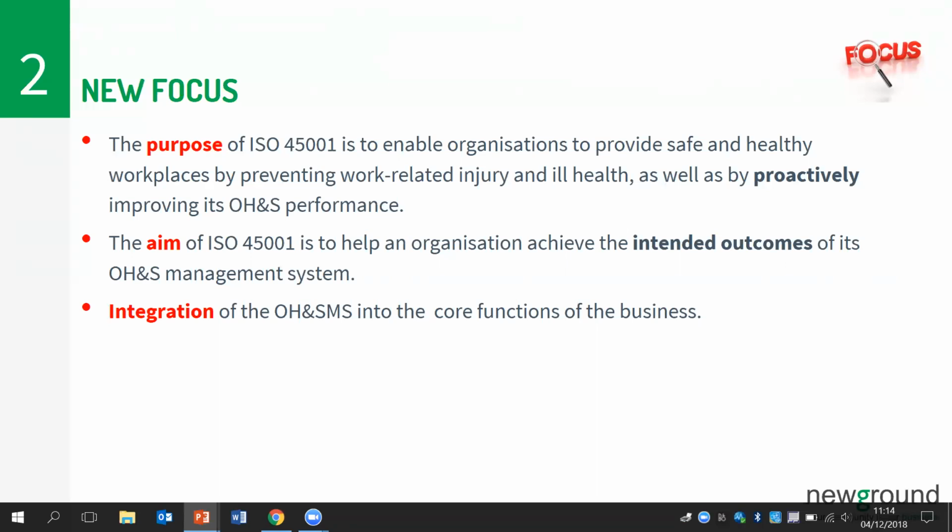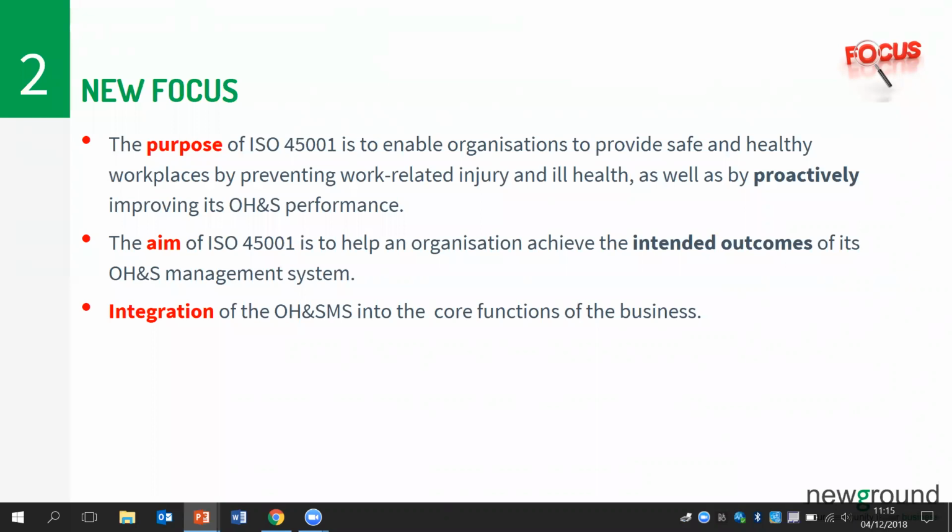And by intended outcomes, the standard means things like to prevent injury and ill health to your workers, to provide a safe and healthy workplace, to ensure continual improvement in your safety performance, to ensure that you fulfill your legal and other requirements and your policy commitments, and you achieve your objectives.